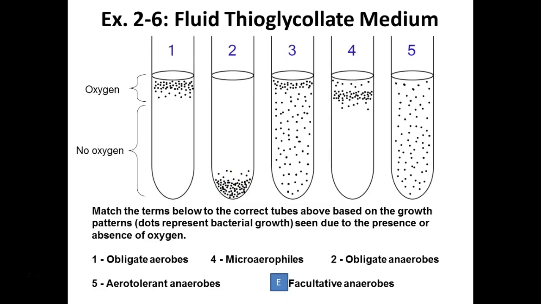This one's 5, because remember, they're not affected by oxygen, so notice the growth is uniform. Facultative anaerobes is our 3, which most of you have, but we really can't see it. They're going to have the really thick layer of growth because they can grow faster in the presence of oxygen. And they're still going to grow without oxygen, just not as abundantly.